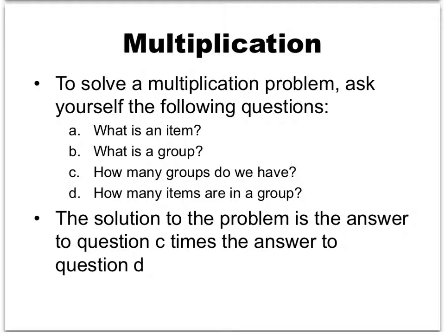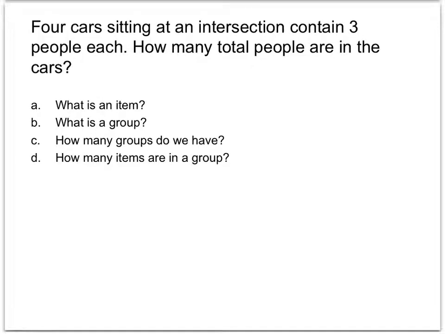Third, how many groups do we have? And the last question, how many items are in a group? Then the solution to the problem is to take the number of groups times the number of items in a group, and that's going to give us our solution. Okay, so let's illustrate this with a couple of examples.